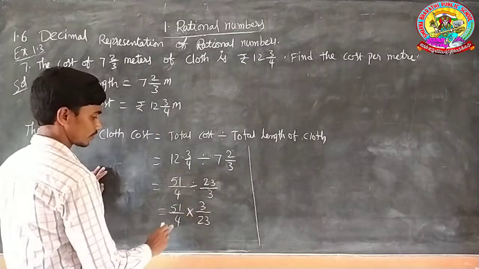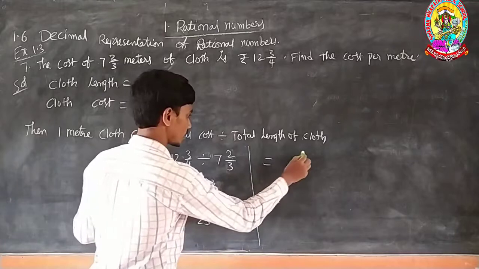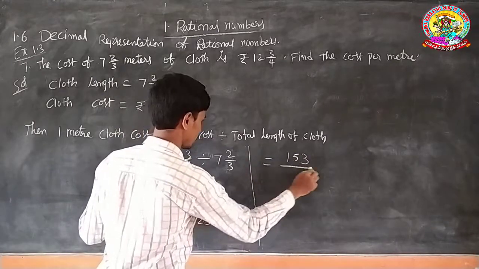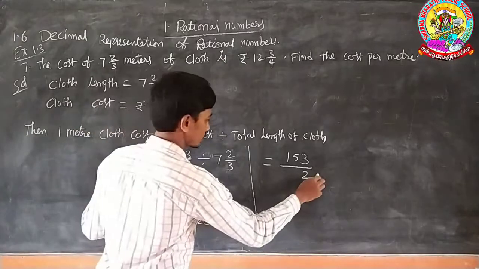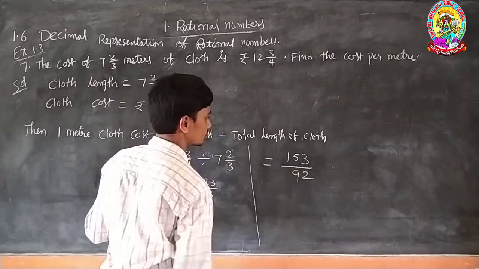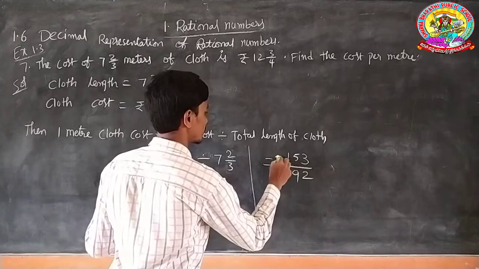51 3s and 4 23s. 51 3s: 1 3 is 3, 5 3s are 15, so 153 by 23 4s: 4 3s are 12, 1 is there, 4 2s are 8, 8 plus 1 is 9. So 153/92 rupees.